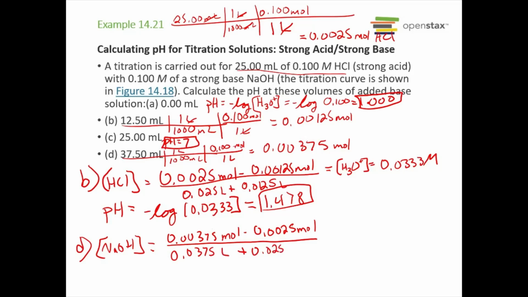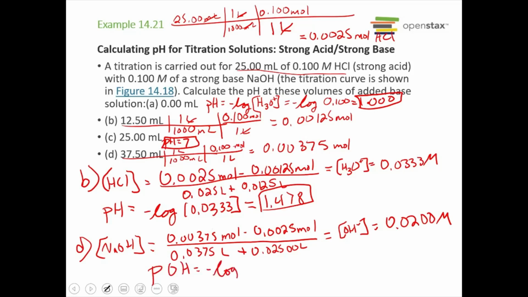We're just making these into liters. And so that gives us our OH minus concentration, which is 0.0200 molar.